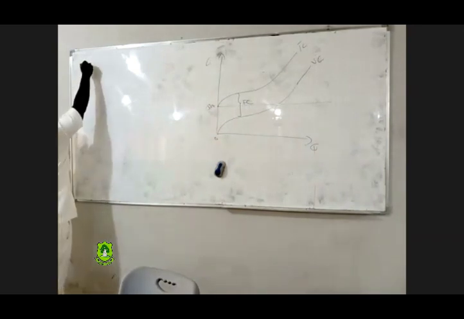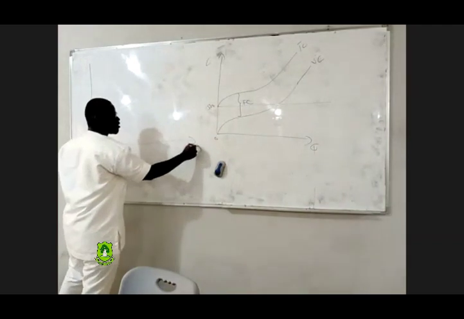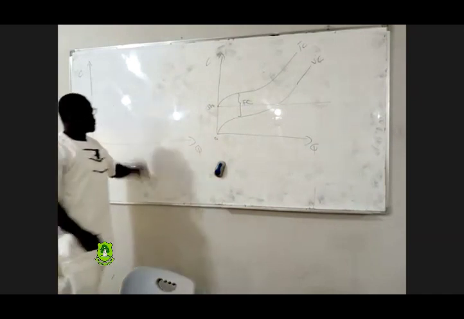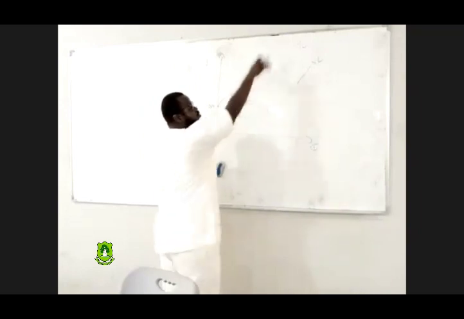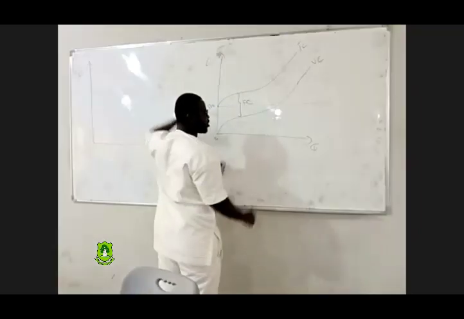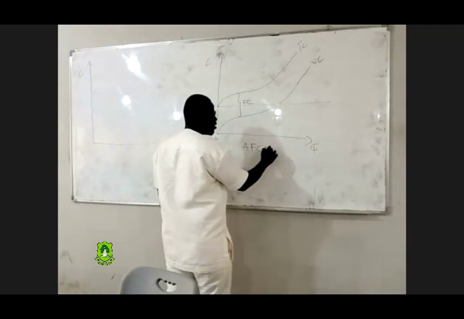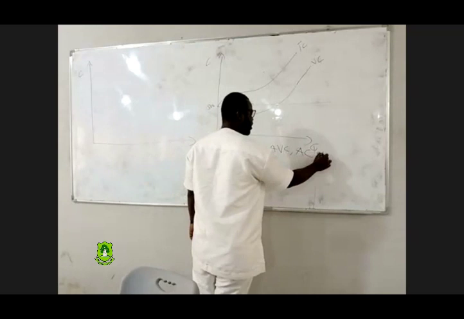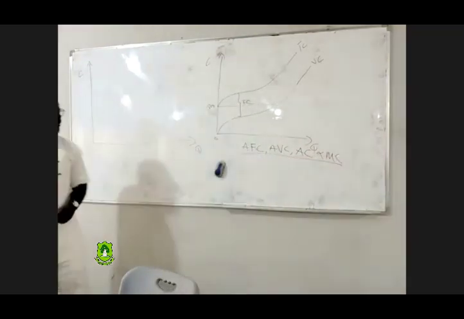Now, if we have something like this, this is quantity, this is cost. We are looking at the relationship among the costs that we enumerated. So the heading is the relationship among average fixed cost, average variable cost, average cost, and then marginal cost.